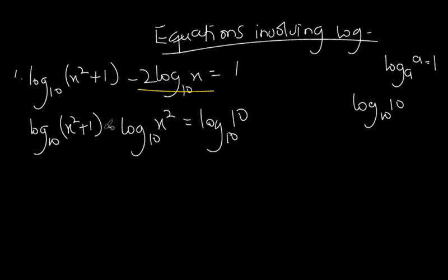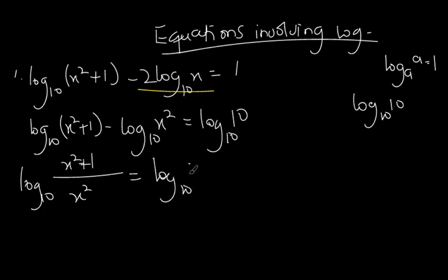Can we see there is a subtraction sign over here? Exactly. So second law of logarithm, whenever we have subtraction, we divide. So this whole thing is going to be log base 10, then we have x square plus 1 divided by x square is equal to log base 10 10. Okay, so you can see over here we apply the third law of logarithm.